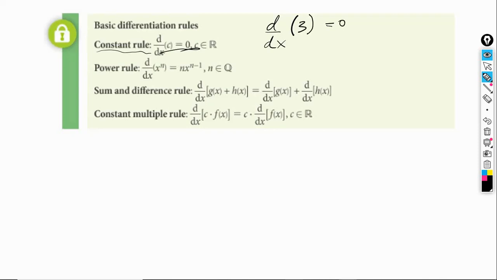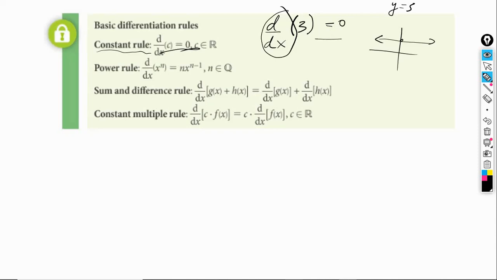Remember that if you have a graph like y equals 3, that is just a horizontal line that goes through the y-axis at the point y equals 3. And it always has a slope of 0. The derivative gives us the slope, so it's telling us that for any horizontal line, the slope is equal to 0.